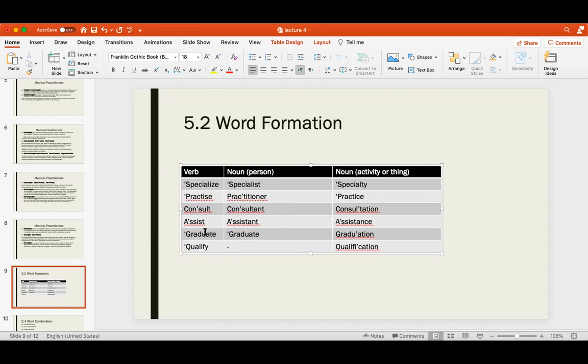Qualify, there is no noun that refers to a person here, and we have qualification. Of course, when you write it without the stress mark, but I wanted to show to you where is the stress mark here. You see?